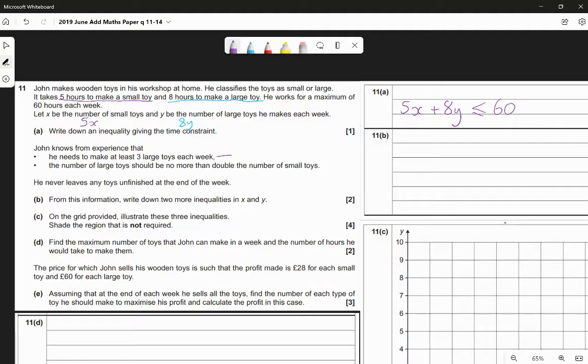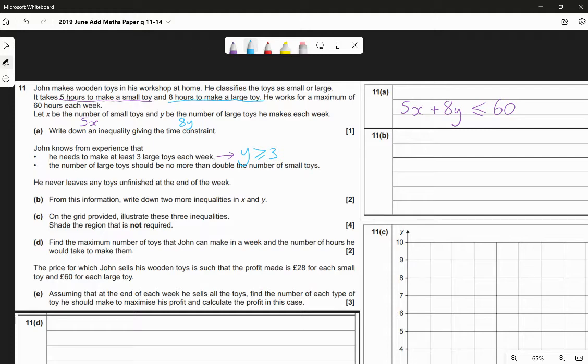From that sentence, I have an inequality immediately. I know that y, the number of large toys, has to be bigger than or equal to 3. That's going to be one of them. From that sentence, immediately, y is greater than or equal to 3.